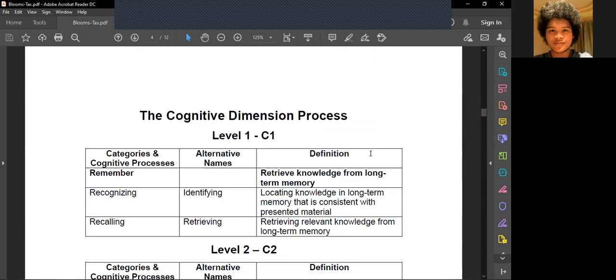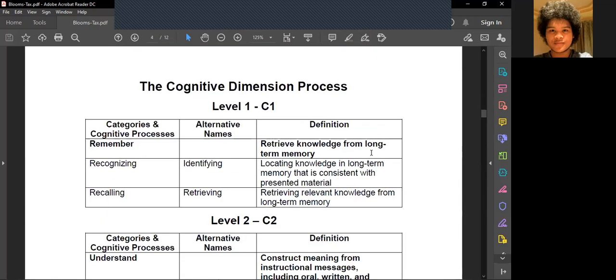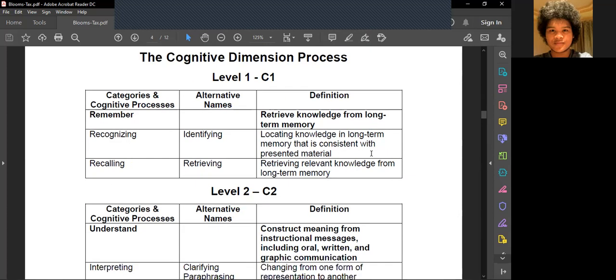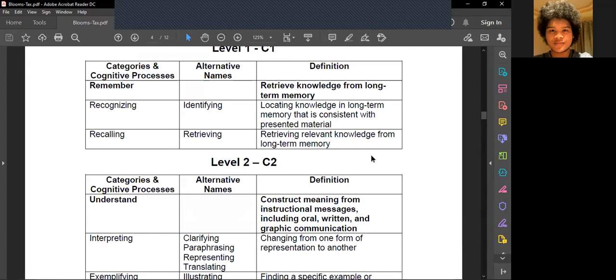Now, these are the cognitive process dimensions. This is very important for us to discuss because an essay could be adjusted and applied to any level of the cognitive process dimension. First, you have recognizing, whose alternative name is identifying.